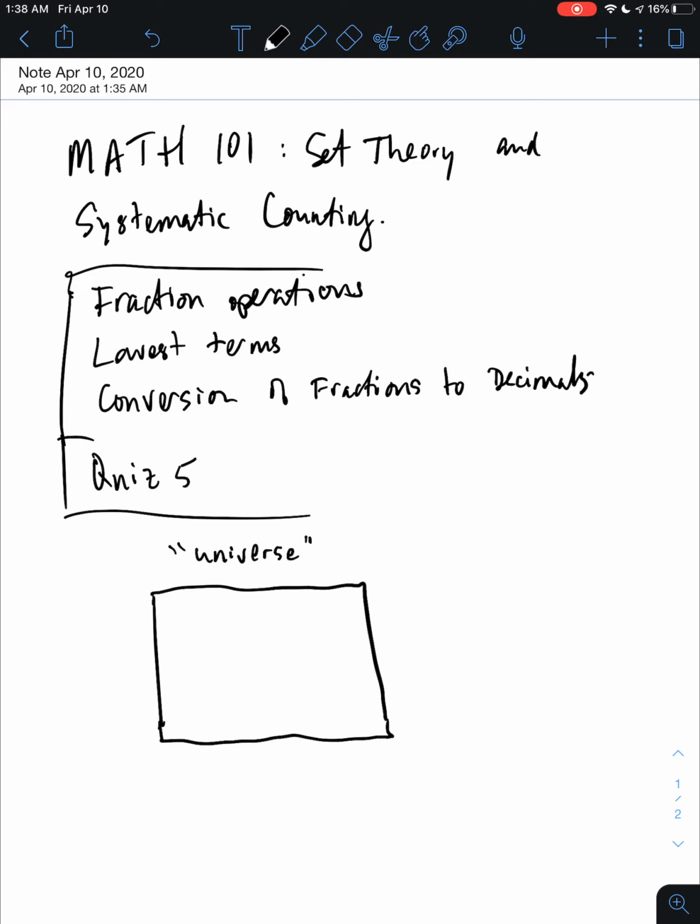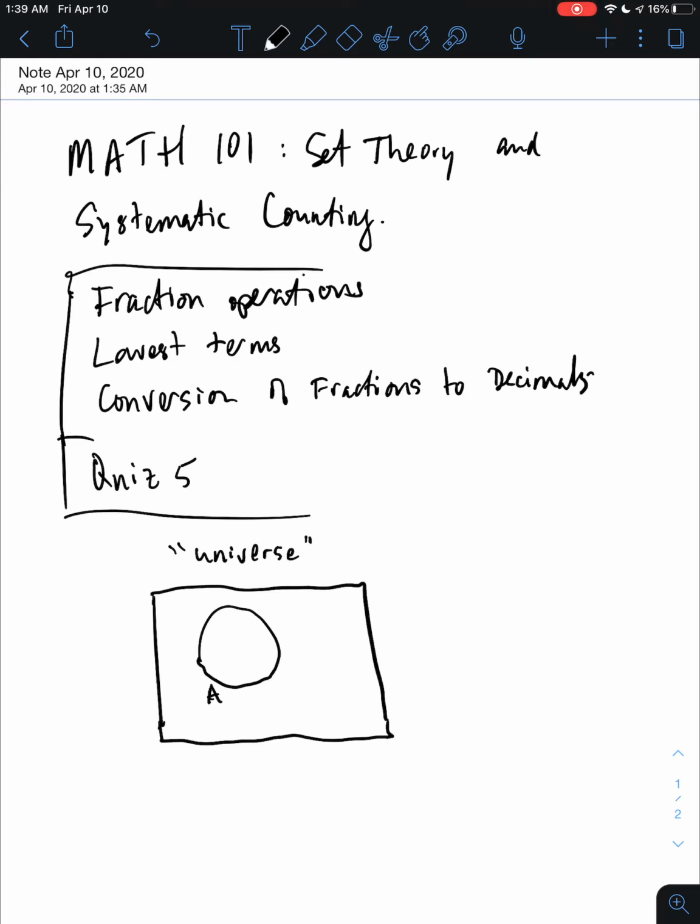In that case, our universe just has about 35 individuals in it. And then within this universe, we have different kinds of collections. We often represent our universe as a rectangle, and within that rectangle there are collections. So everybody who likes chocolate ice cream could be this set, and we're going to give it a label A. So this group or collection or set of individuals who likes chocolate ice cream is the set A.